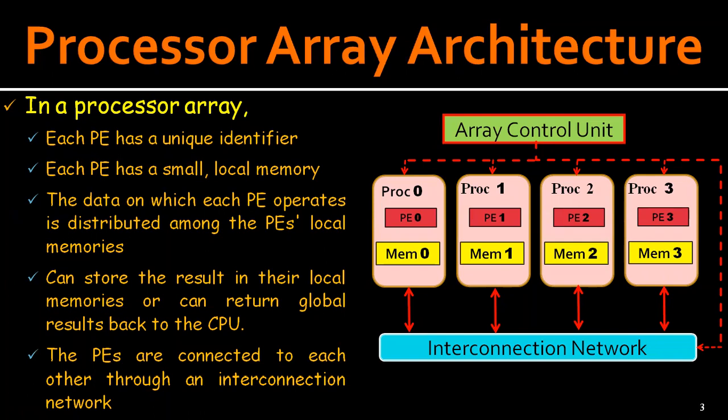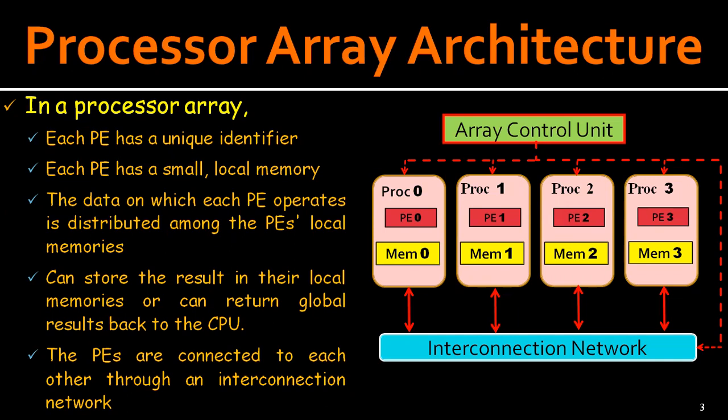The global result line is usually a separate parallel bus that allows each processing element to transmit values back to the CPU to be combined by a parallel global operation such as a logical AND or a logical OR, depending on the hardware support in that particular CPU.